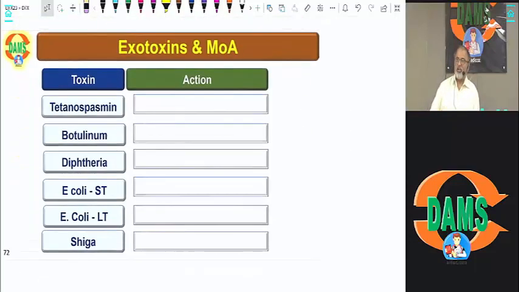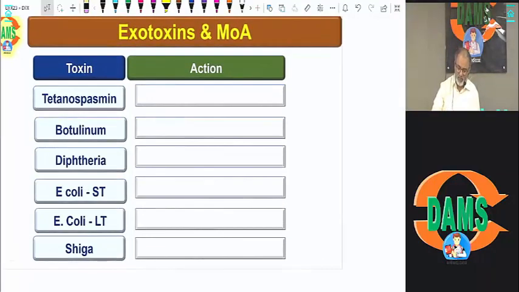Next is, yes, now the game starts. Cover to cover coverage. Till now we have seen systemic bacteriology, mycology, virology. Now all mixed. Tetanospasmin, what is the mechanism of action? Inhibits the release of GABA and glycine.